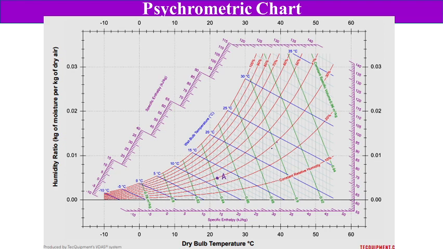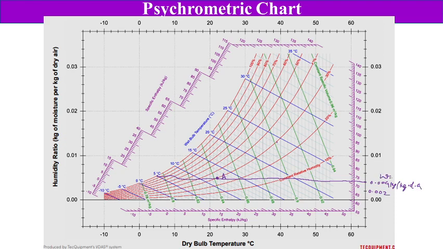Now corresponding to this, if we see, the dew point temperature is 5 degrees Celsius. Then if we go in this direction, somewhere here we come: 0.002, 0.004, 0.00459 something. So this is kg per kg of dry air.